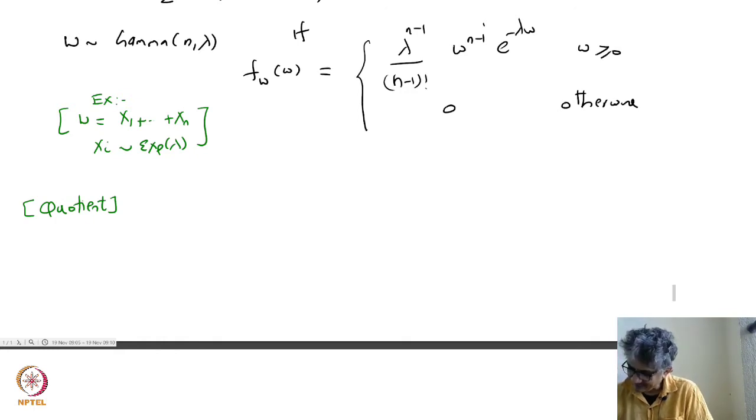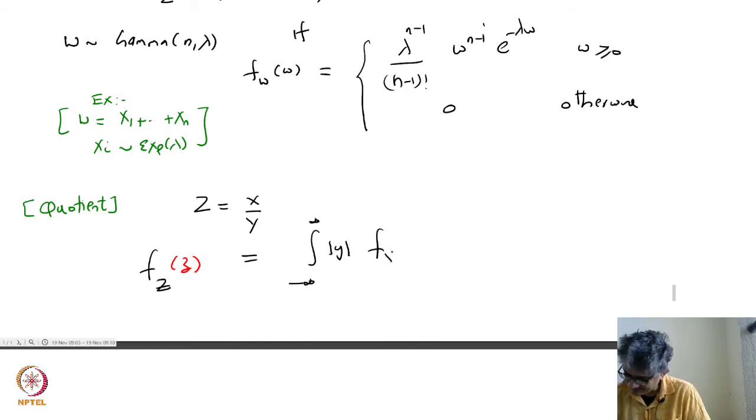The density of Z is given by the integral from minus infinity to infinity of modulus of y times f sub X at zy times f sub Y at the point y dy. This is how we derive this.